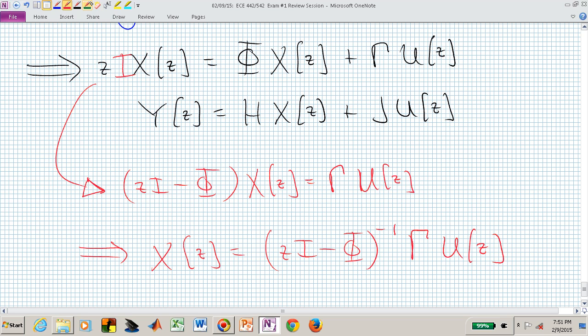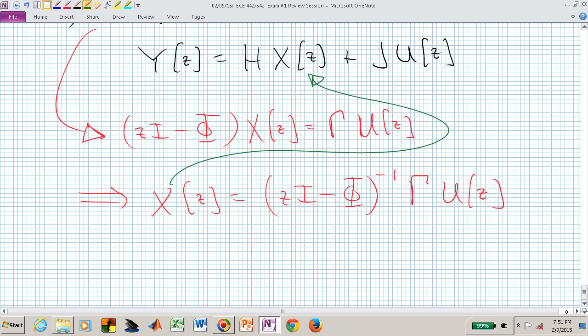We now want to use this X of z there. And we then have a way of connecting the input with the output without any intermediate variables.